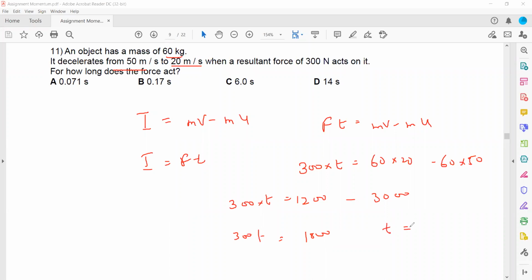So when we are finding the time, it is minus 1800, and the force will also be negative, that's minus 300. When we simplify, it comes out as 6 seconds. Is it clear? That is how long the force acts on the object to change the momentum.